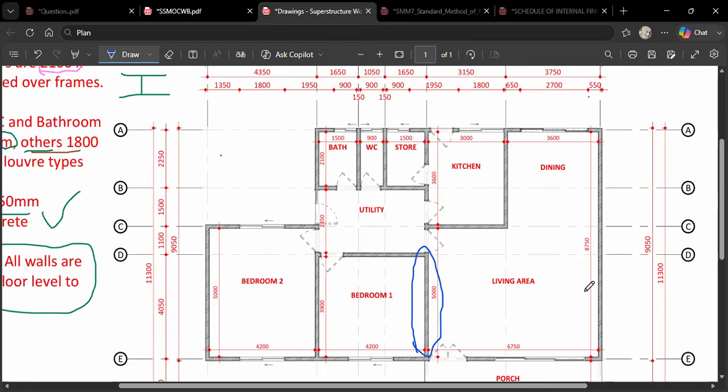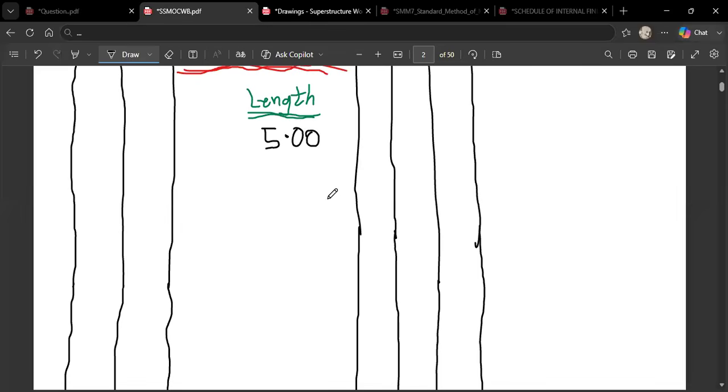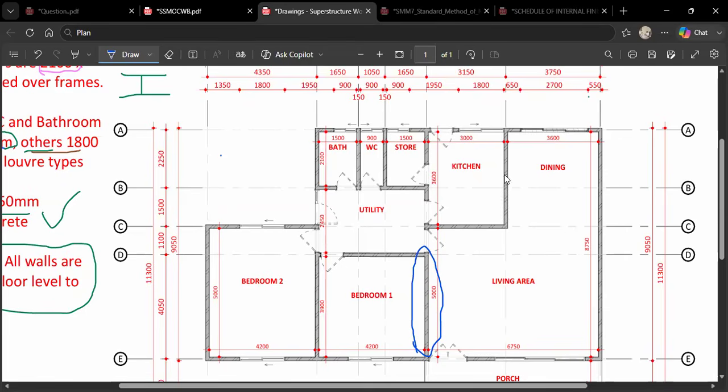So 8,750 divided by 1,000 gives us 8.750. So let's write it. This is 8.750. All these ones are included. This one is included straight downwards.